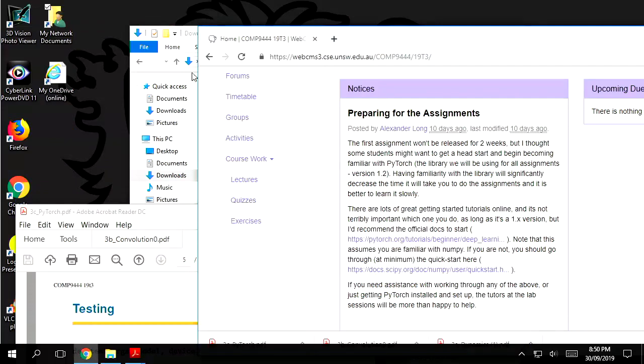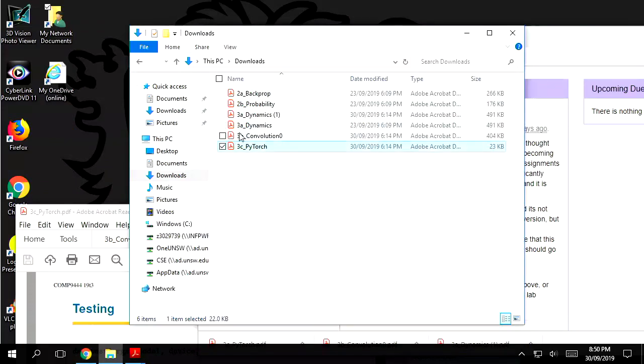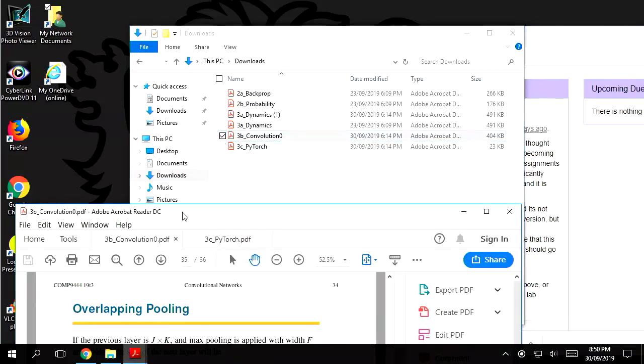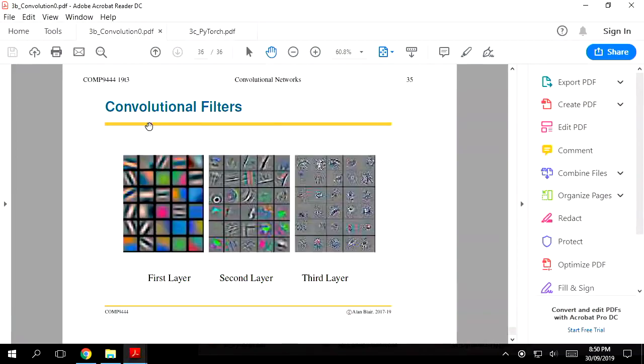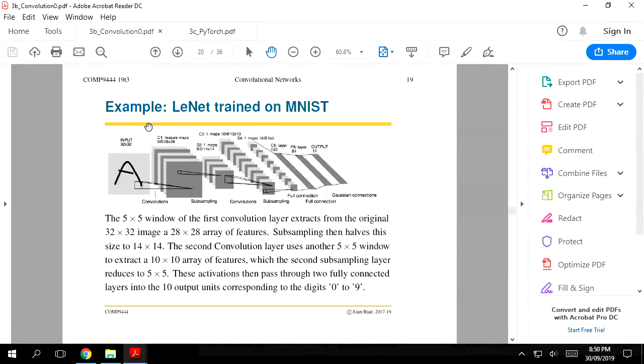If I can go back to some of these convolution layers, it's based on experience, but you'll notice something interesting here. Often, in the different layers, you see the layers get smaller, but the number of filters gets bigger.